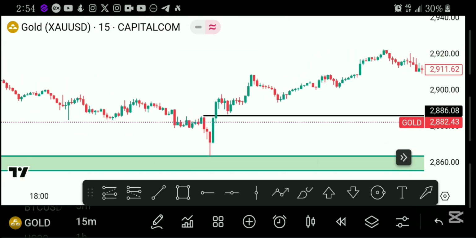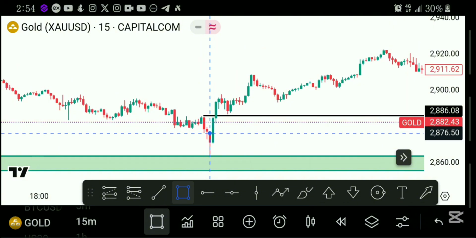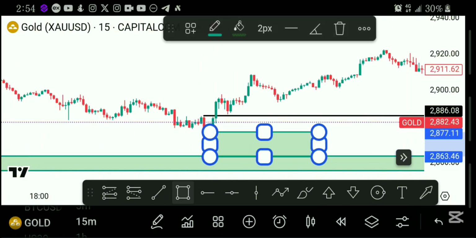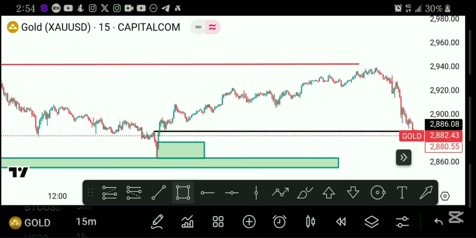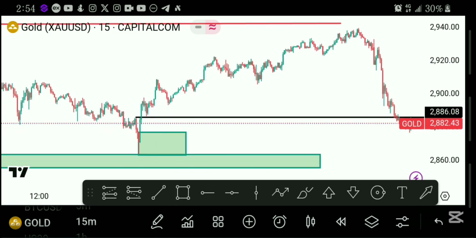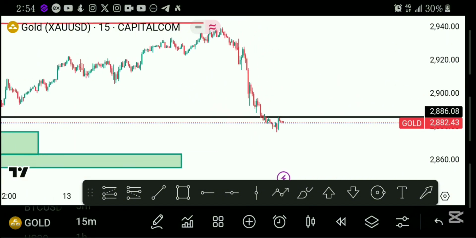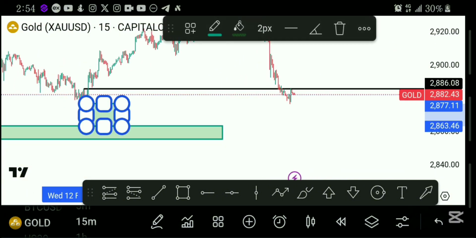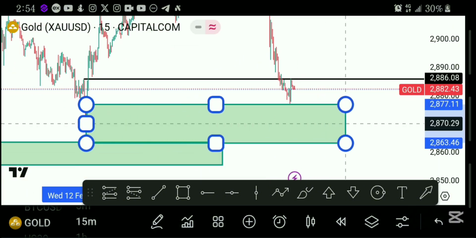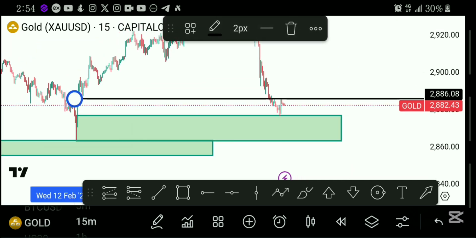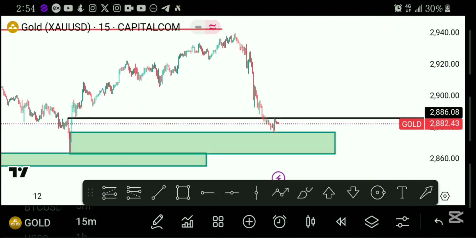I'll look for my order block on my lower time frame. So my order block on my lower time frame will be this block, but obviously the market didn't come up to that same level, so I may not have got into a trade from there. But market eventually tapped into my other block all the way from here, like this level, and is now going back towards our direction.